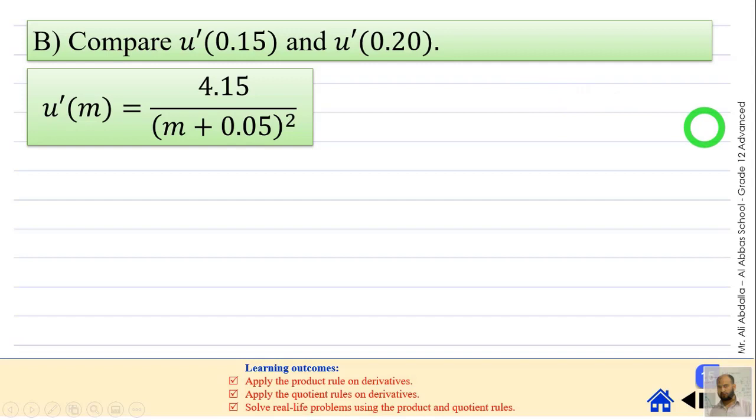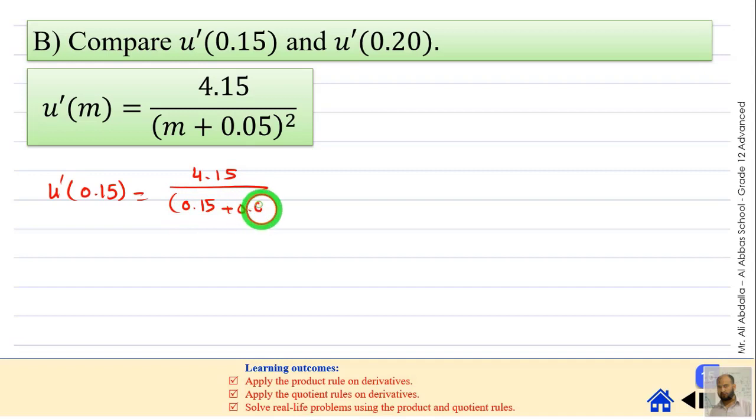We need to find the value of u'(0.15), which equals 4.15 over (0.15 + 0.05) to the power 2. Use your calculator to find this value. Then we will find it equals 103.75.